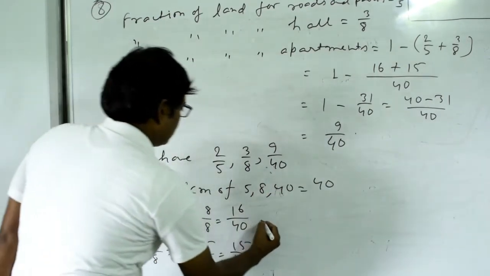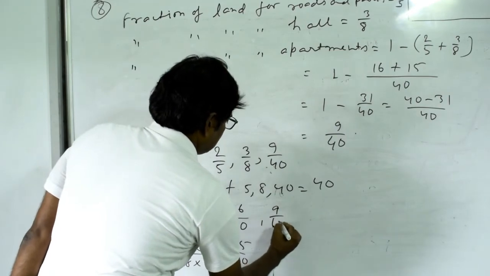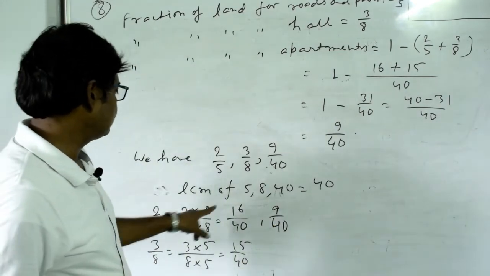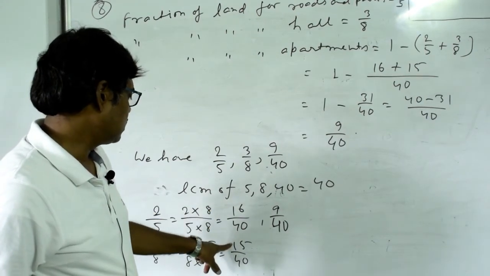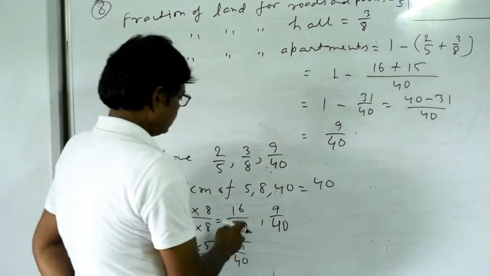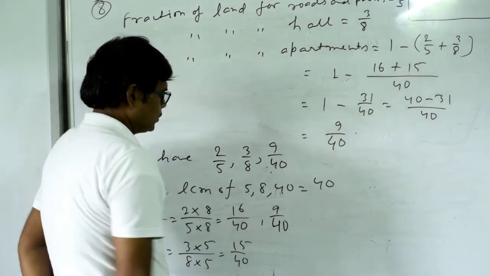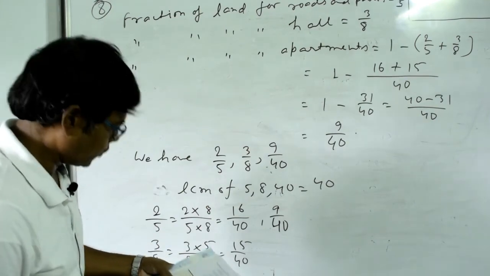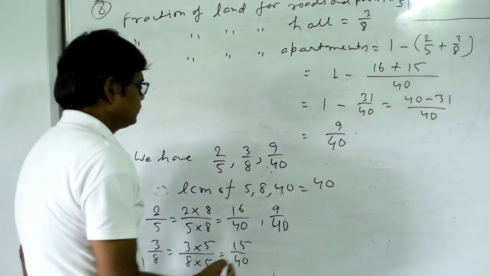So you have 9 by 40. Now 2 by 5 is written as 16 by 40, and this is 15 by 40 here. If you compare 16, 15 and 9, which is your largest? The question is which of these gets the maximum portion of the land.